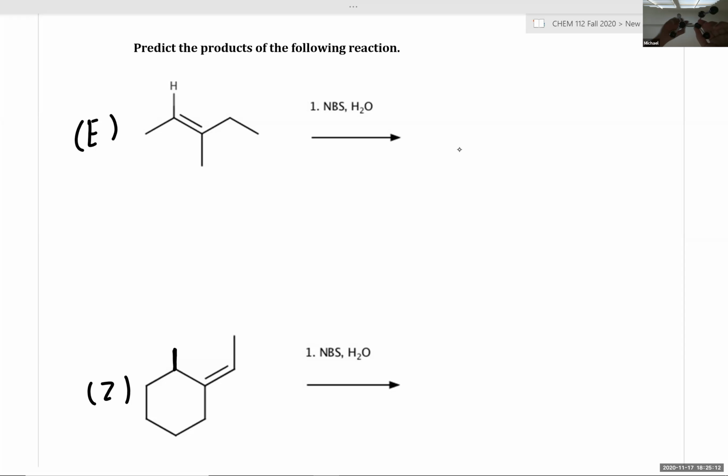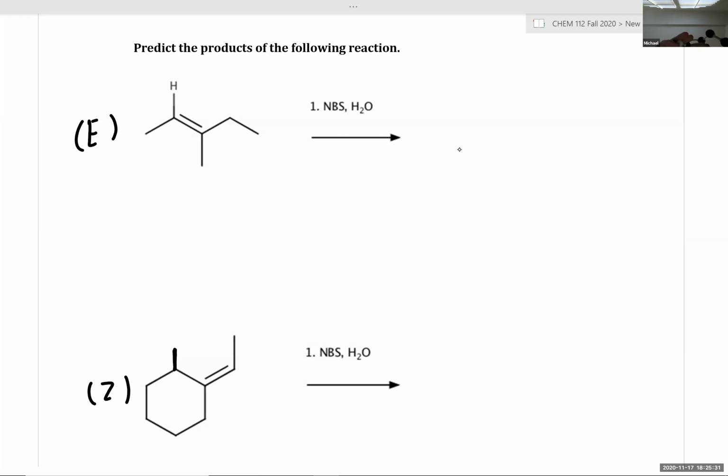Can I attack from either face? Yeah. So there's no preference for what face you attack. You can either attack from the top or the bottom face. We're going to show the attack from the bottom face, and we're just going to draw what we see.